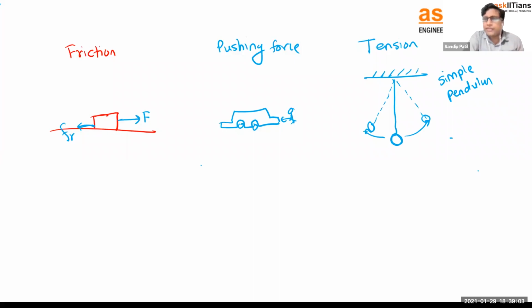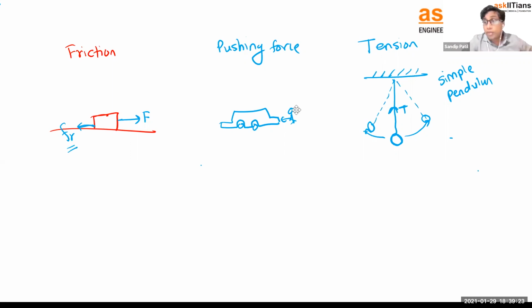So tension is where, I told you, wherever there is a string or a rope, there will be tension. I can mark this as tension force. Tension force is represented by capital T. Friction force is represented by, let's say, Fr. So these are the symbols for the forces, right?